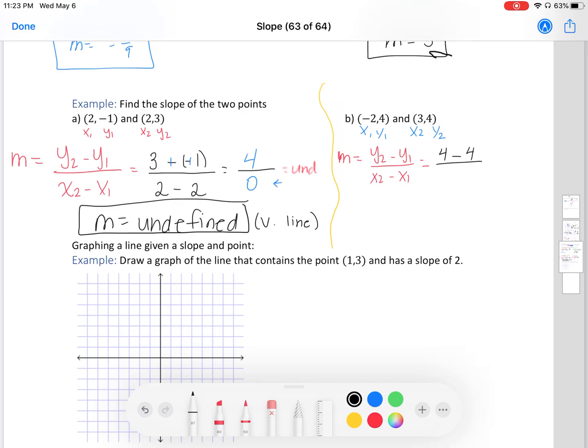Uh-oh, we see something funny going on already, right? And x2 is 3, and x1 is negative 2. 4 minus 4 is 0. 3 minus negative 2, we get 5. And 0 over 5, we get 0. Having a slope of 0, it's okay. We know that that just means that it's a horizontal line.